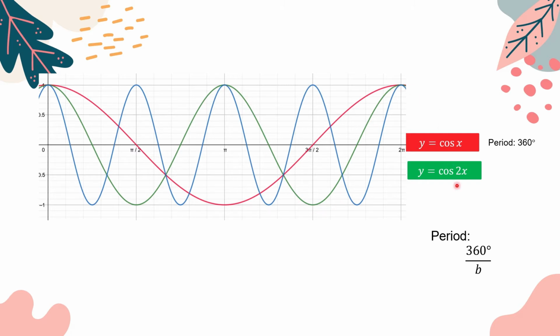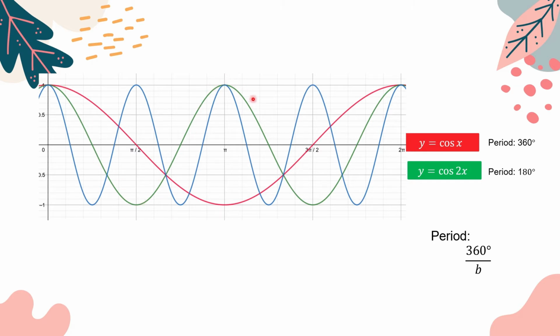So when we have cos 2X, the period will be 360 divided by B. B di sini ialah 2. So 360 divided by 2 to get 180. So the first complete cycle is 180. So maksudnya daripada sini sampai 180, one complete cycle. Satu putaran lengkap untuk cos.